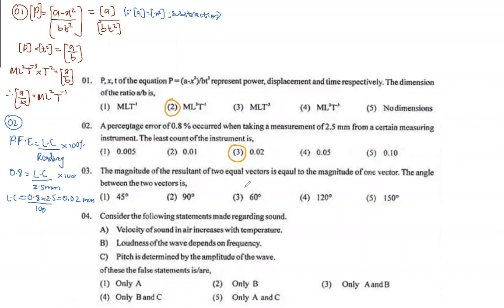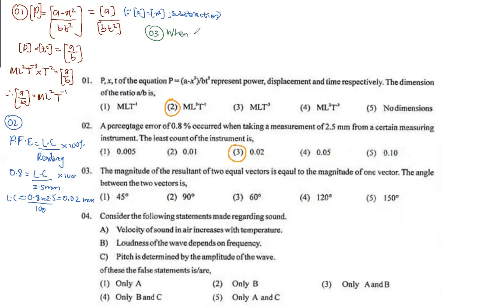Done. Third one, the magnitude of the resultant of two equal vectors is equal to the magnitude of one vector. The angle between the two vectors is interesting. So there is this equation you have to know. The equation is this, people. See if you can remember this.